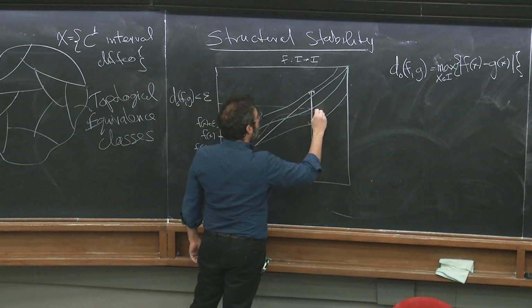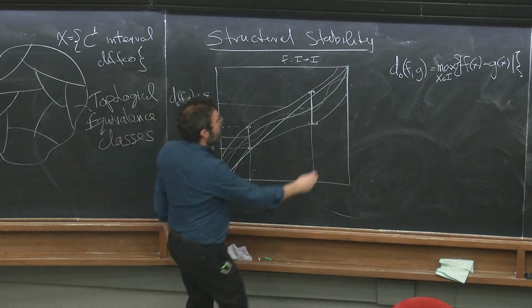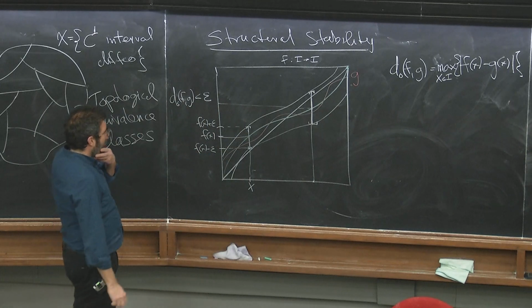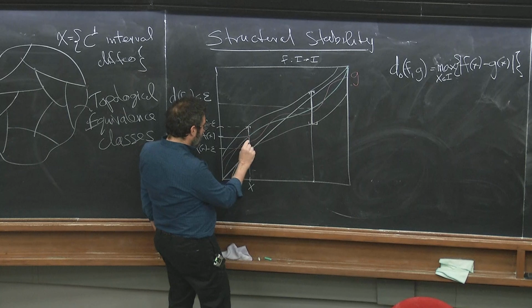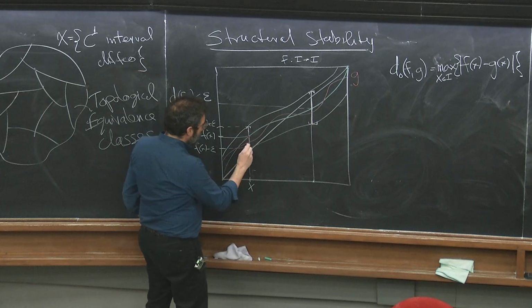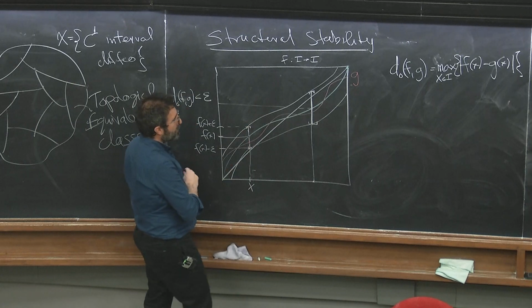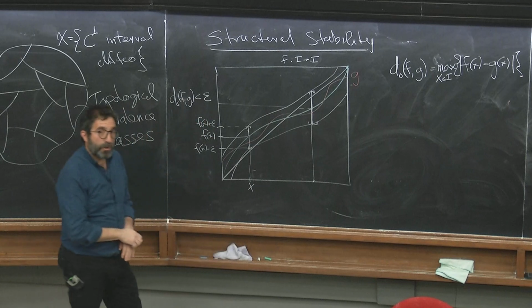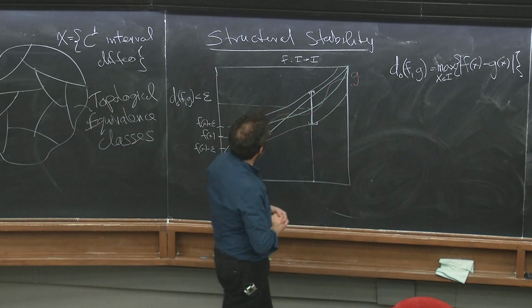As long as I stay inside this neighborhood, this is g. If you take any point x, and you look at f(x) and g(x), then they are less than epsilon from each other. So this is what the C0 metric looks like.